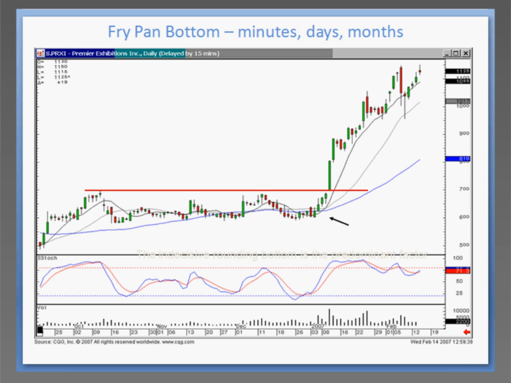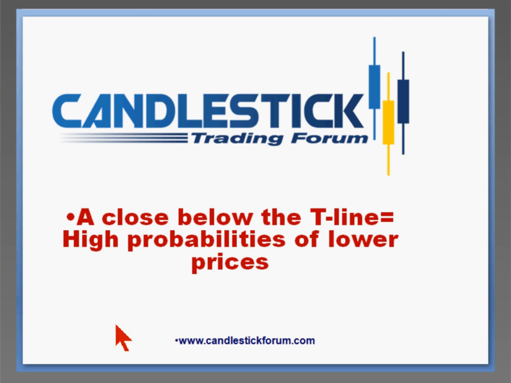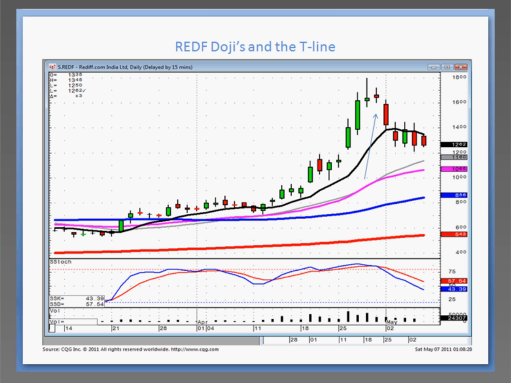Very strong price move. So again, a close below the T-line equals high probability of lower prices. Some of the truisms about the T-line is that the further away you move from the T-line, the higher the probability it's going to come back and test it. So if you start seeing potential sell signals, get ready to start taking some profits.